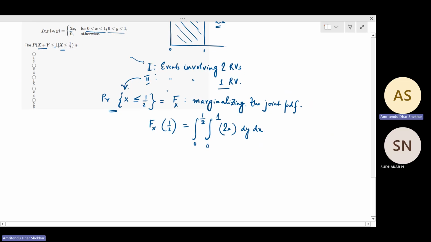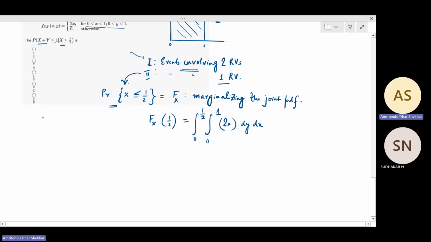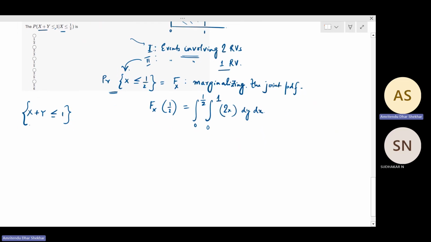The second kind, so this is for the second kind of event. For the first kind of event, which involves two random variables, in this case it is the sum of the random variables being less than or equal to 1. In order to compute the probability of these kinds of expressions, let's say you fix x first.